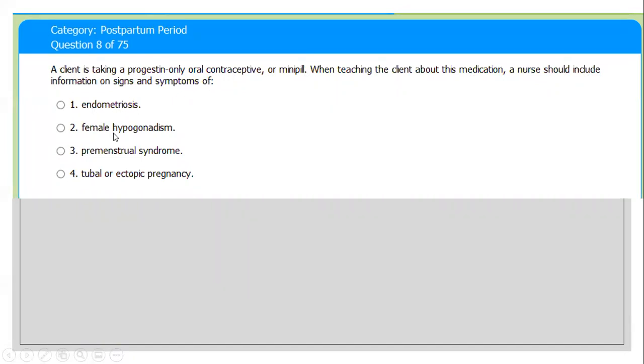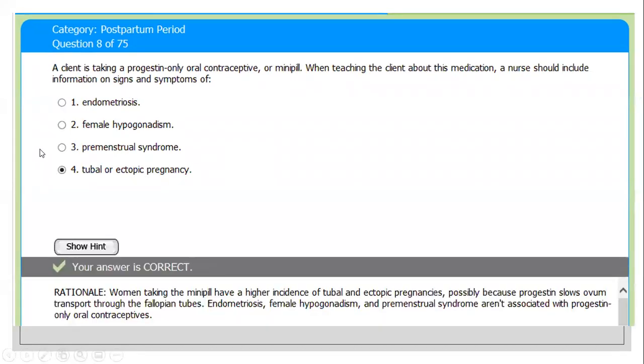Number 1, endometriosis. Number 2, female hypogonadism. Number 3, premenstrual syndrome. And number 4, tubal or ectopic pregnancies. Correct answer said number 4, tubal or ectopic pregnancies.